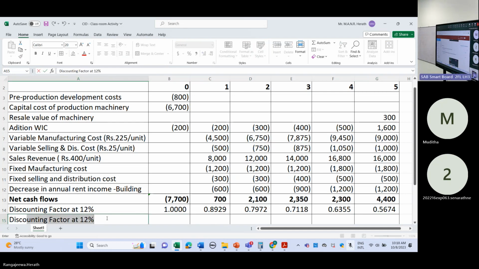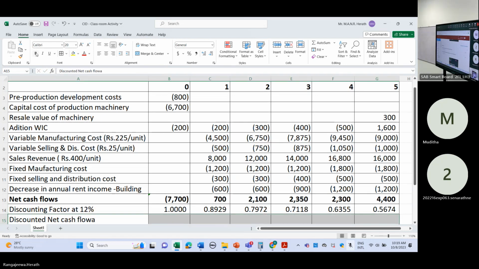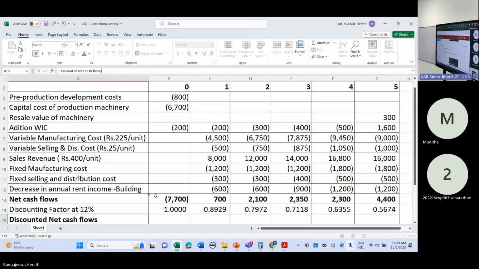So discounted net cash flow. Multiply the net cash flow by the discounting factor.